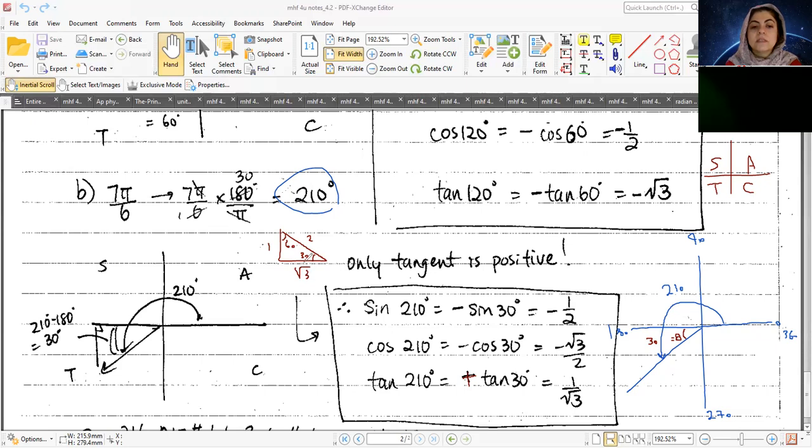Cosine of 30 is adjacent over hypotenuse, square root of 3 over 2. Tan is opposite over adjacent, 1 over square root of 3. Just make sure, based on what quadrant it is, you find out whether the sign is positive or negative. Any question? No.